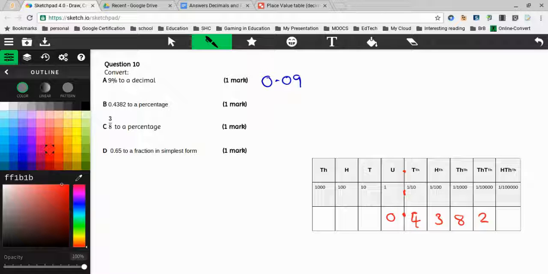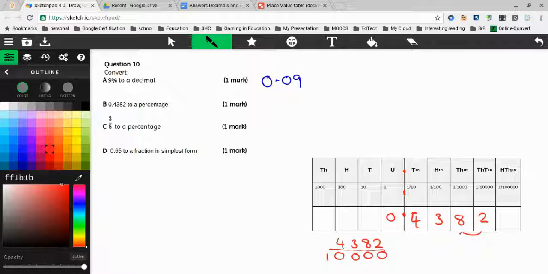So if we were to write this as a fraction, we would be writing 4382 over 10,000.